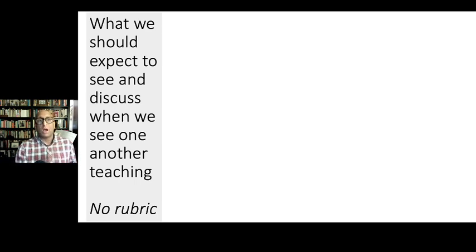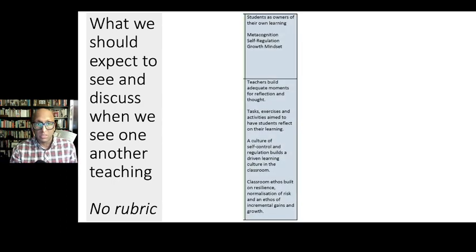What should be seen? I need to articulate them to you. So if I were to articulate them, they'd look something like this. I want teachers to have moments of reflection and thought. I want students to have deep learning. I want students to have a culture of self-control and regulation, resilience, and growth mindset.